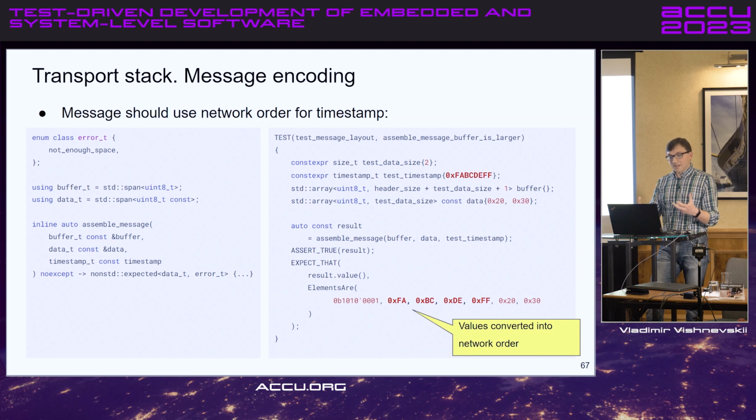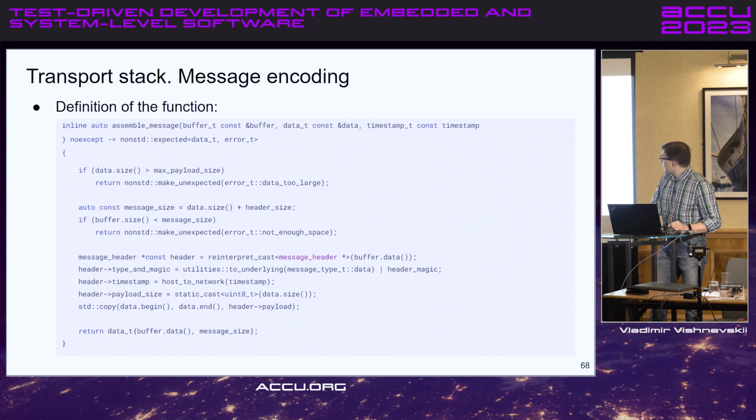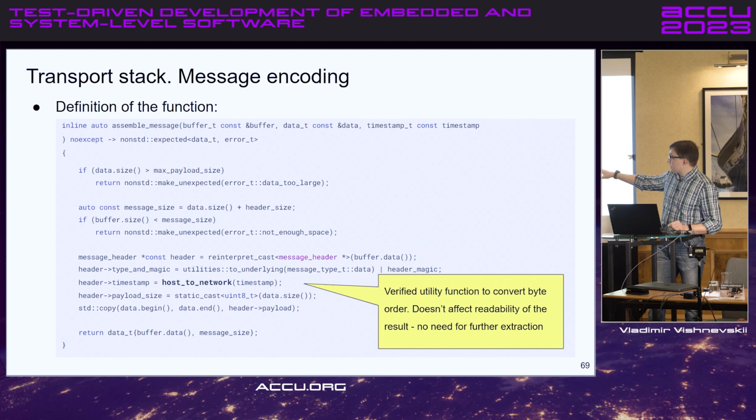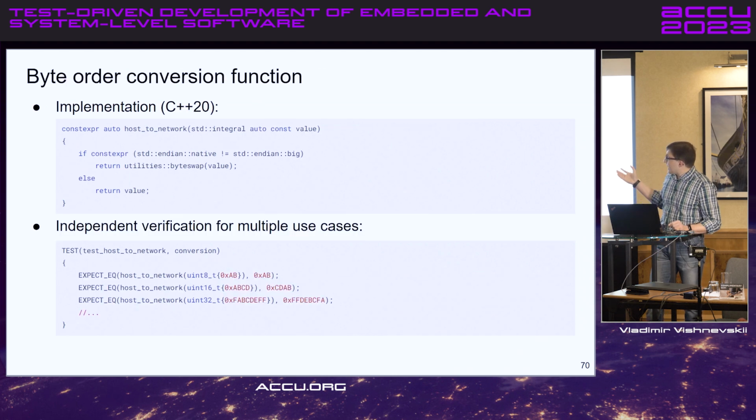With the decomposition, we do not go to the extreme. This is done within the implementation of our function by a utility function called host to network, which has a simple implementation, but I would recommend to test it separately, also develop it using the test-driven development approach, compare it for different test cases, and then reuse it within the more complex code to avoid potential issues.